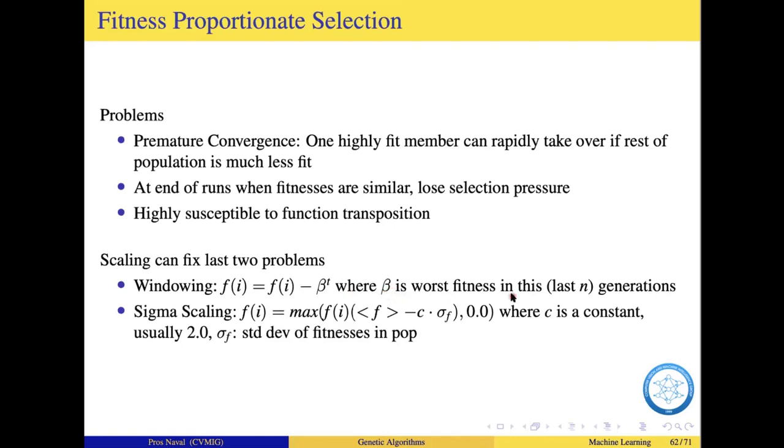Beta is the worst fitness in the last n generations. The other method is sigma scaling, where you use this formula, where c is a constant, usually 2.0, and sigma is the standard deviation of the fitnesses in the population.